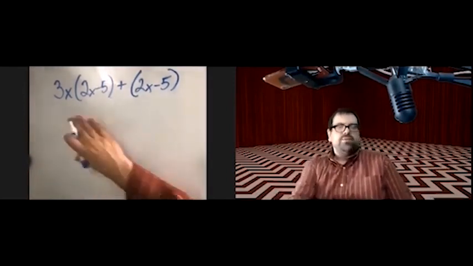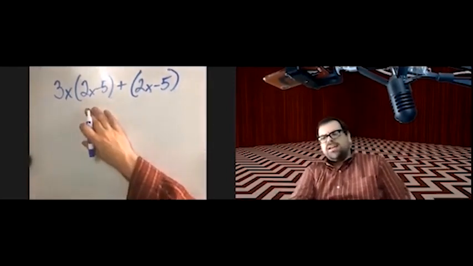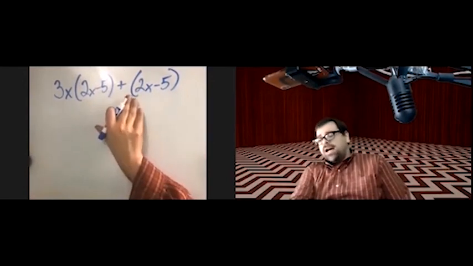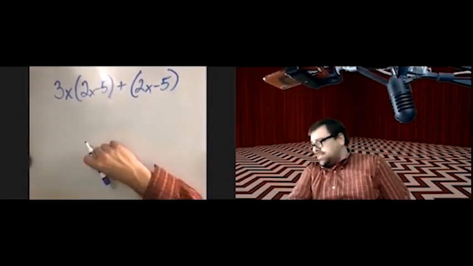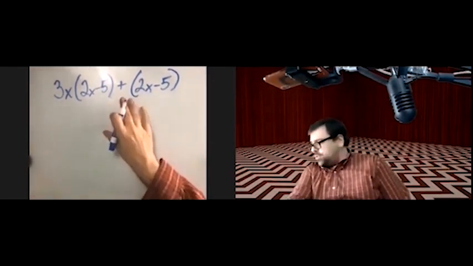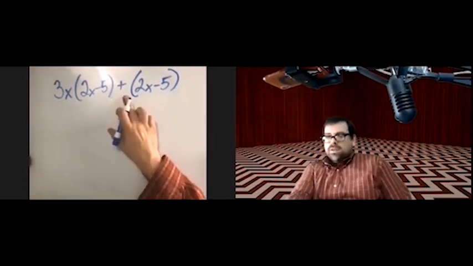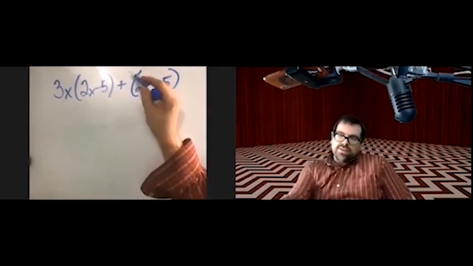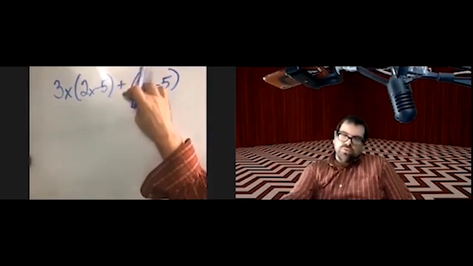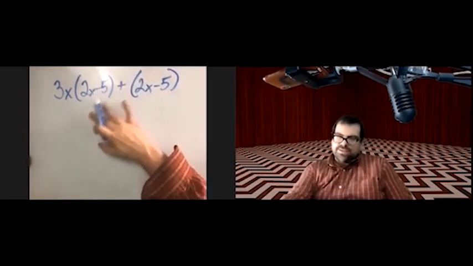So last time we had 3y times 2y minus 5 plus 2y times 2y minus 5, or times 2. My point is, in the last problem, we had a number out here, like 2. We don't have a number here this time.